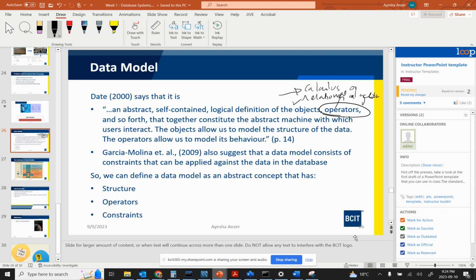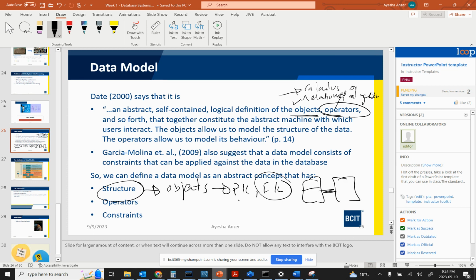The first one is structure. Again, here we have mentioned an object. The structure will show a number of objects and how they are organized based on their primary keys or foreign keys, because whenever we have a foreign key, it means we have a relationship between two entities.